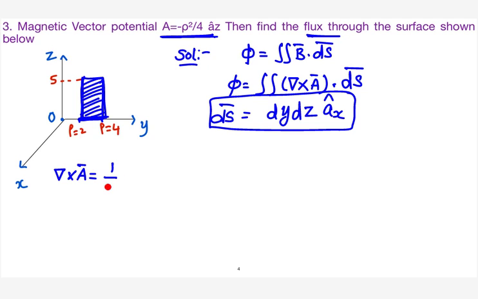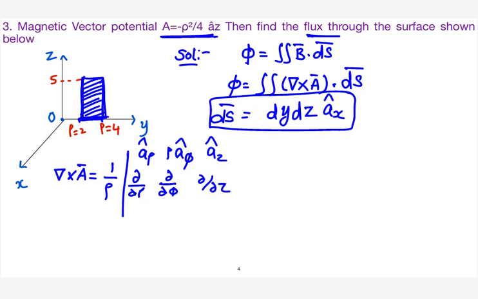You should be careful about the scaling factors. So you should take the first row with the scaling factors, the second row is the differentials, and the third row is the vector components. If anybody is done with that, you can share the answers.